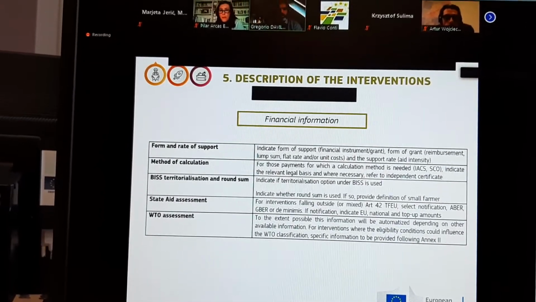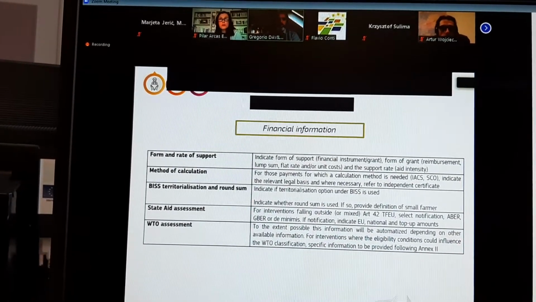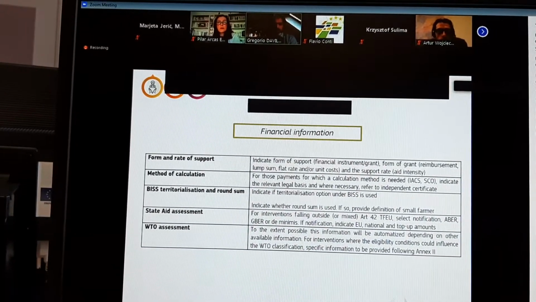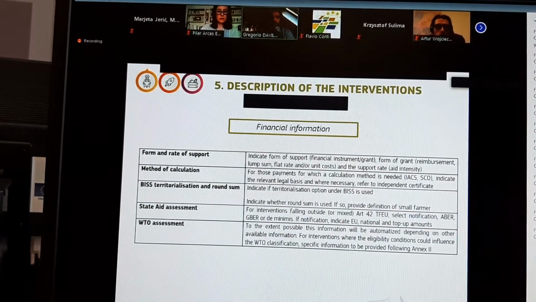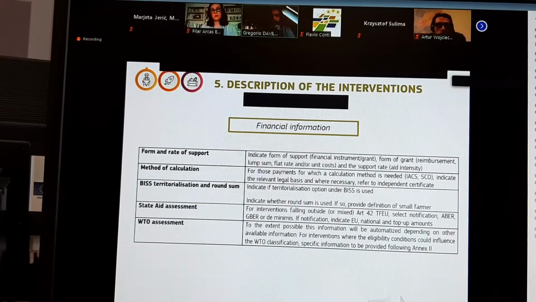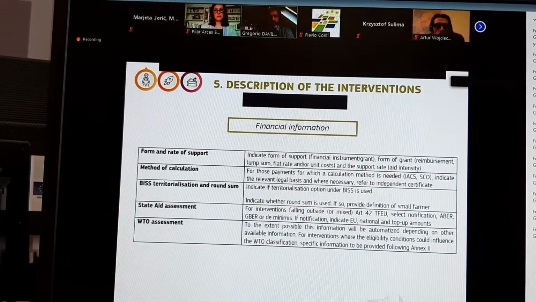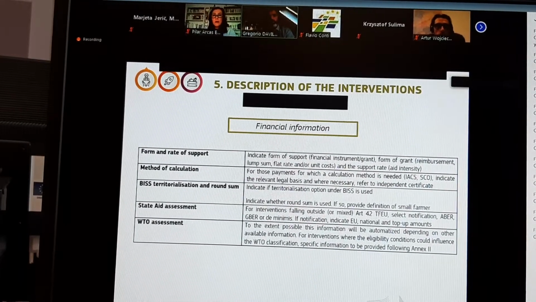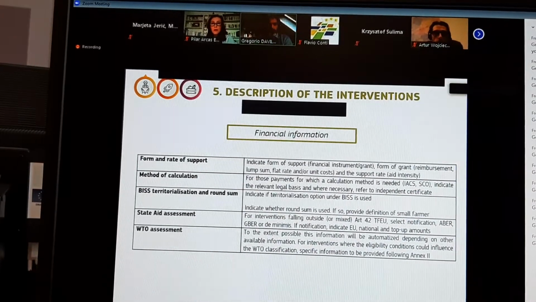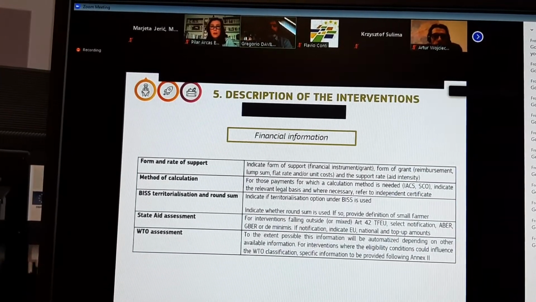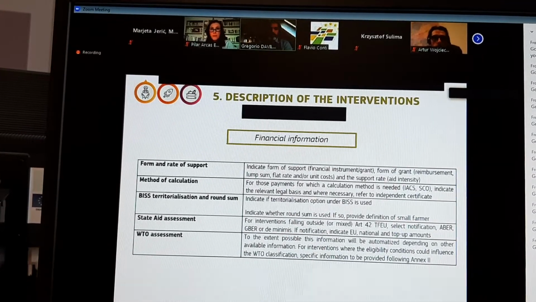Then for the method of calculation, you know that there are some payments that have to be linked to a specific calculation method. So basically all the area and animal-based payments are subject to an external certification in the case of rural development, of course, that will have to be annexed to the plan. And of course, the simplified cost option, there are several methods.